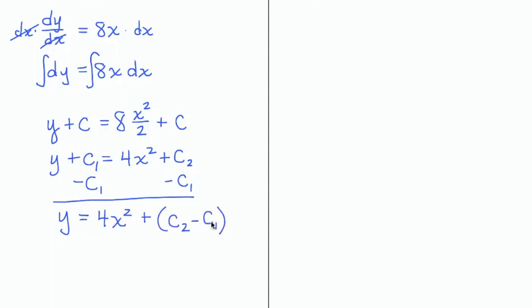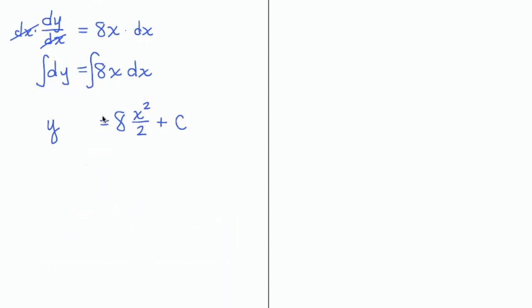But if you subtract two constants, it's still a constant. What we do instead is we don't put a constant on both sides when we perform the integration step. Usually we opt to put it only on the right side where the x's are, because you're going to get to exactly the same answer, which is that the equation y is equal to 4x squared plus a constant.